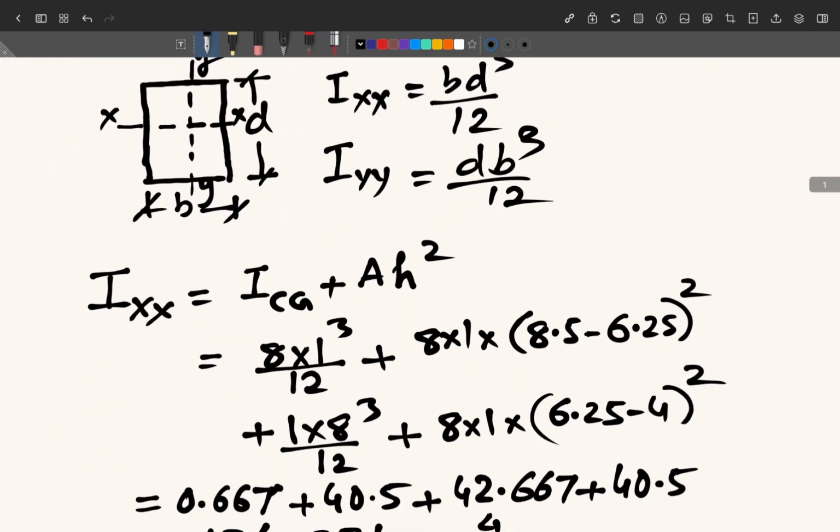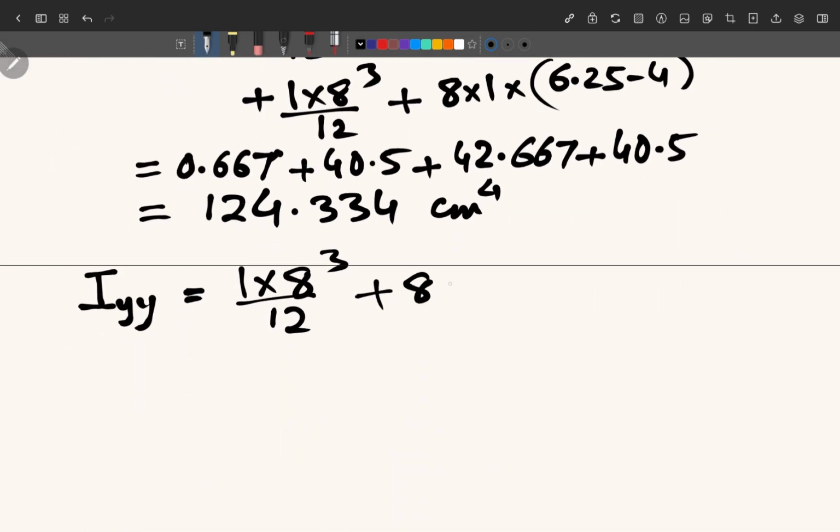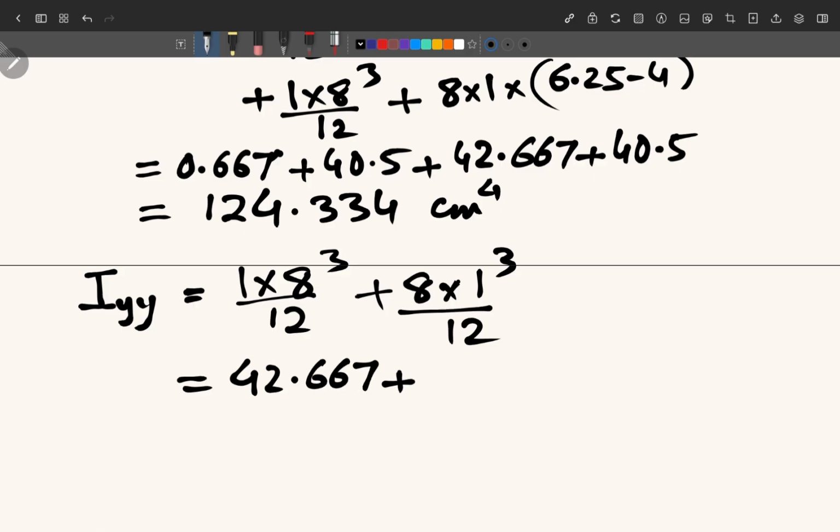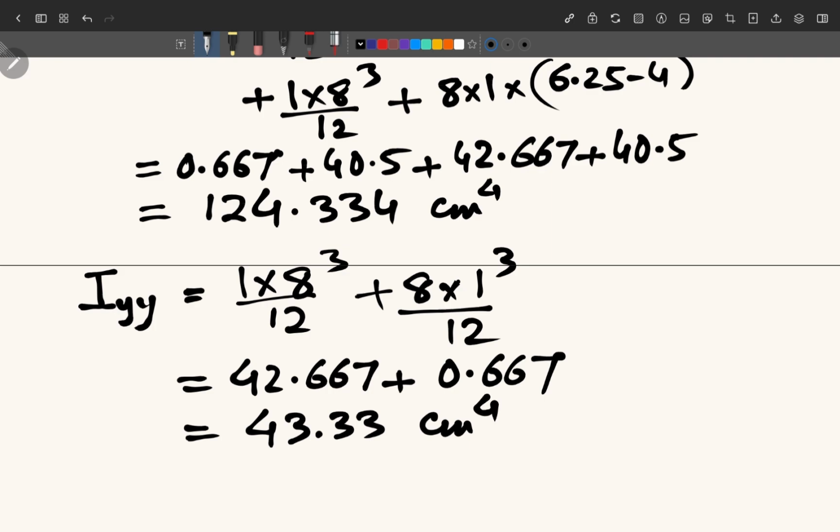So 8 into 1 cube by 12. So this way we have easily calculated the value of Iyy, which when we simplify is 42.667 plus 0.667, and this is equal to 43.33, and units centimeter power 4.